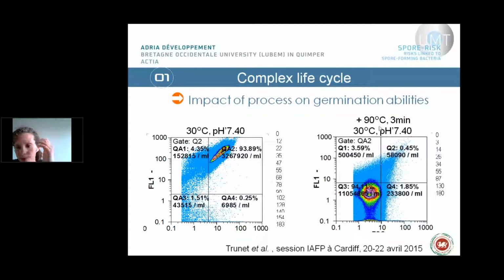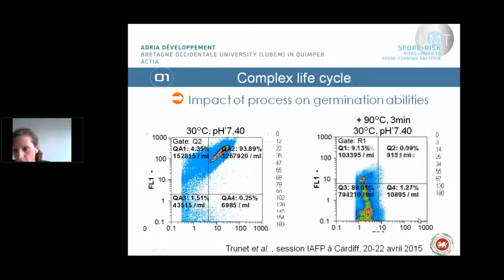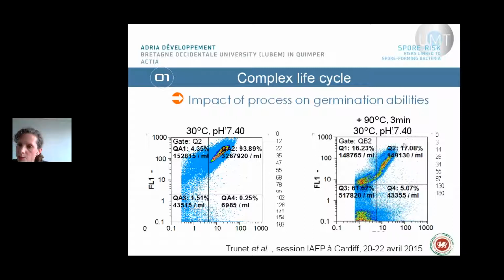In the other case, where you have a heat treatment before putting the spores in a recovery medium, you see that the spore population is broader. And here you have the outgrowing cells, and part of the spores that were inoculated in a medium reach the final cell development.